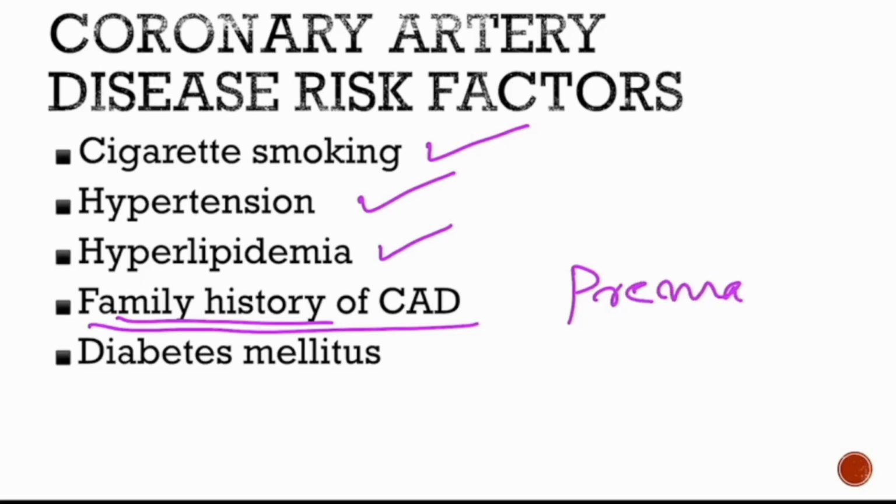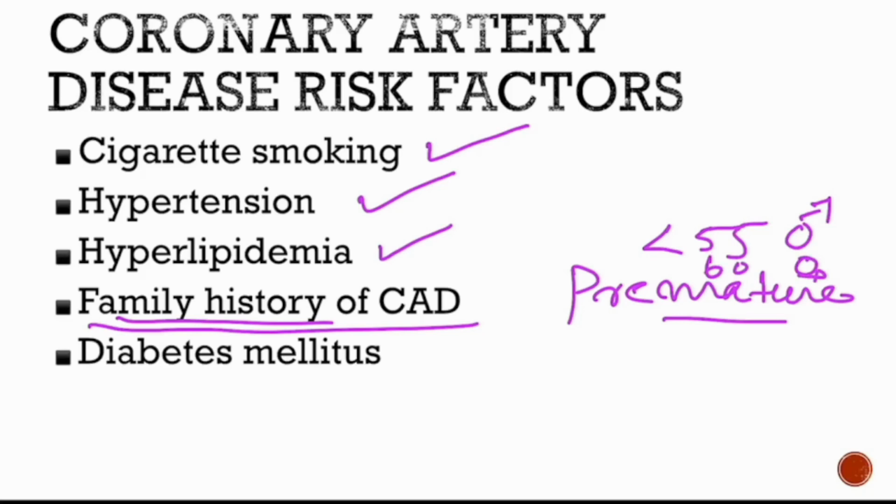Suppose somebody has died of myocardial infarction at the age of 70, that is not a major risk factor. But suppose in the family there is a premature CAD, that is before 55 years for males and 60 years for females, think about there is a high risk. And again think about diabetes mellitus. Hope these are the things you should include in the past history.